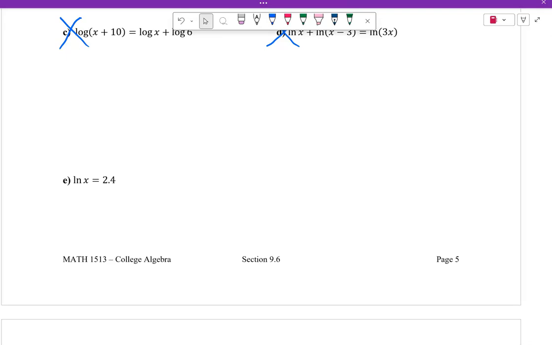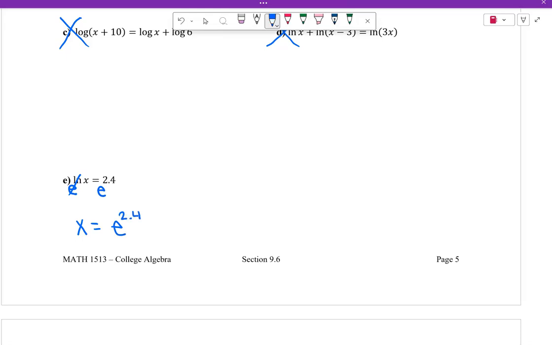And so notice this is still like a log equals a number, but we can't make our e's. We don't have logs on both sides. So how do we undo a natural log? Well, we e it. So we are going to e both sides. So x equals e to the 2.4.